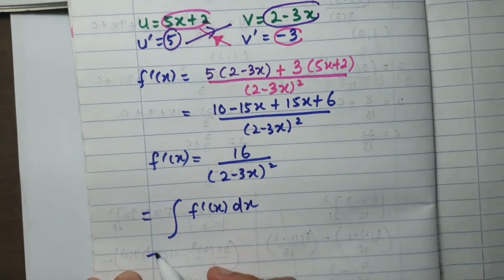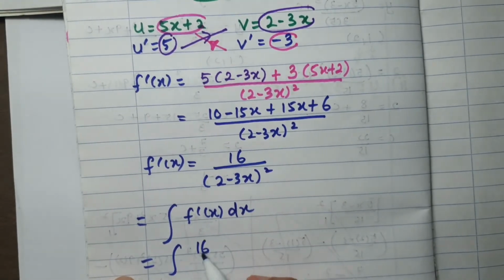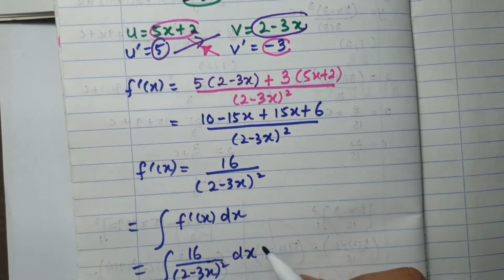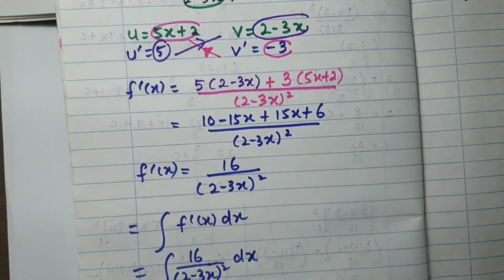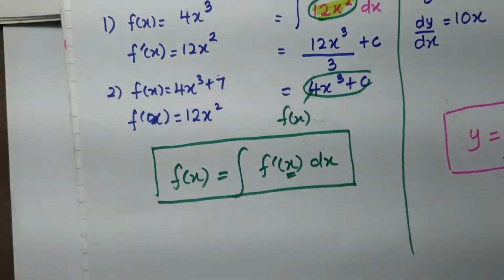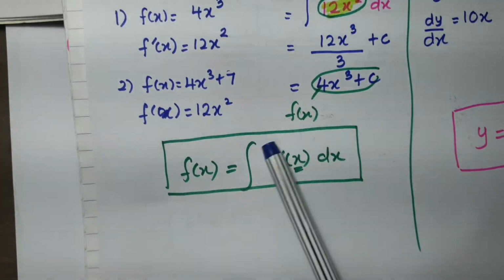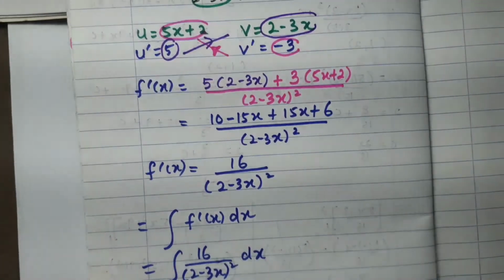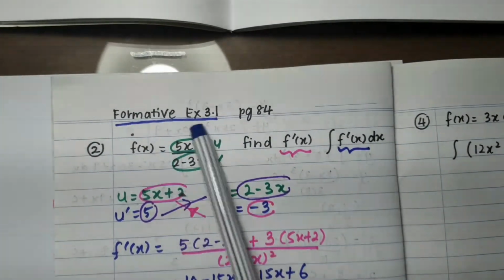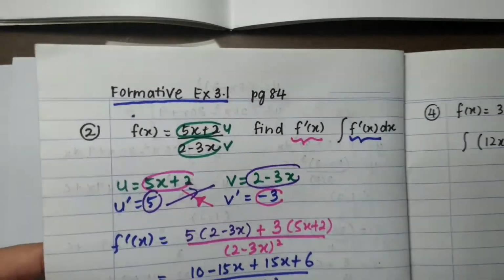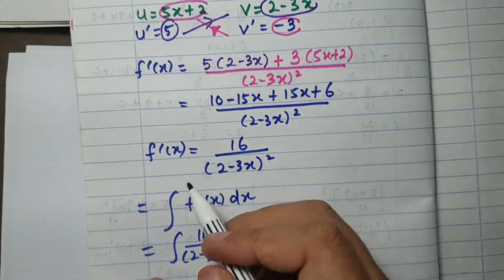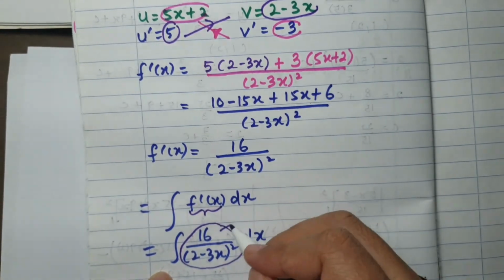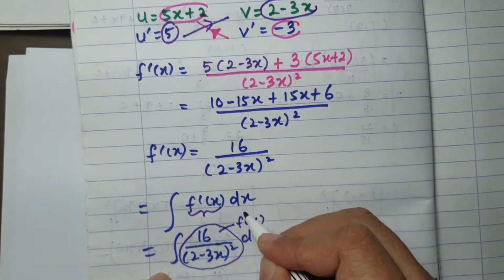Okay, so f prime x is this function, power of 2, dx. So we have learnt before, integration of f prime x, the result is f(x). So what is your f(x)? Your f(x) is this function. Once again, this is your f prime x.